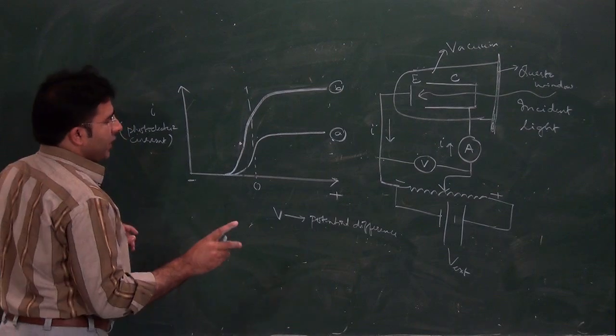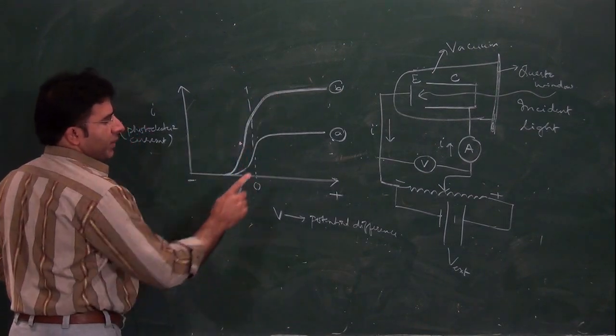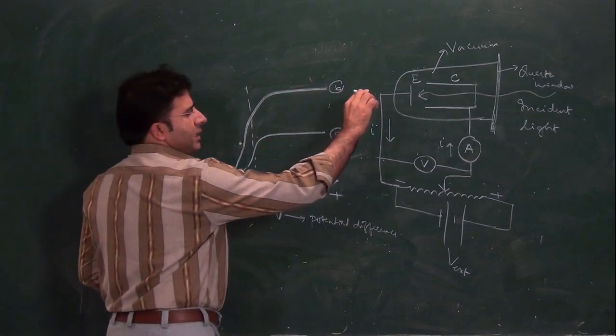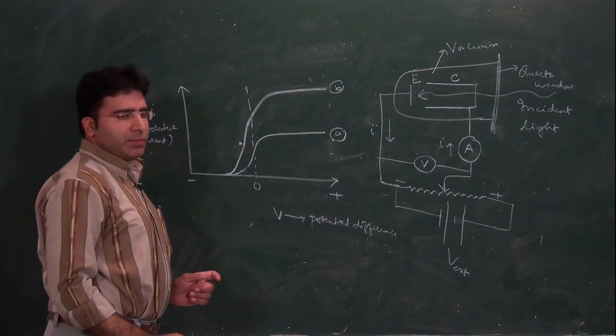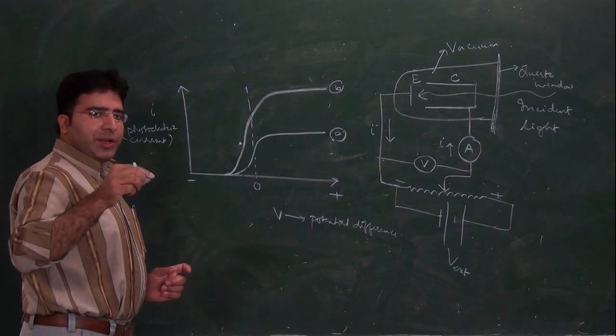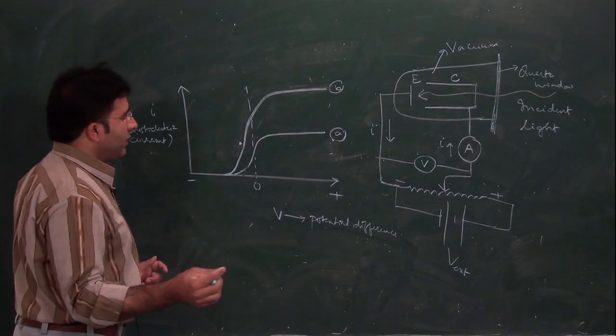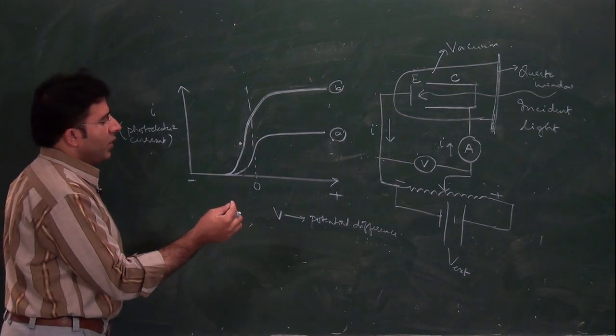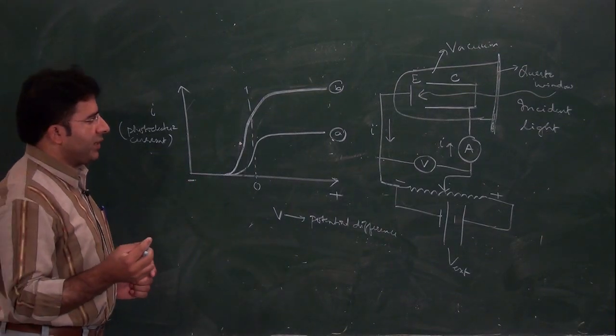Now, what do we do in curve A and curve B? In curve A, we have selected some metal surface of the emitter and some frequency of the light at which the photoelectric effect takes place. We have to take that particular frequency, only then can we understand the photoelectric effect.